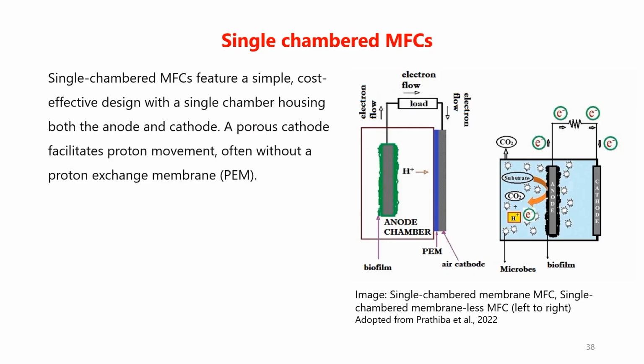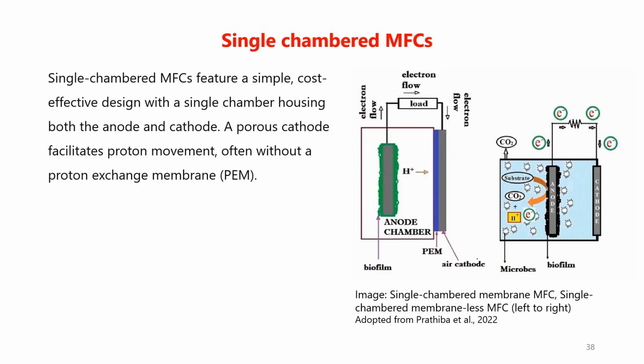So, here you can see this is the anode chamber where the microbe has grown on the anode and the biofilm is formed and it catalyzes the conversion of waste and then electrons are released which flow through the external circuit which is connected to a cathode which is exposed to air.